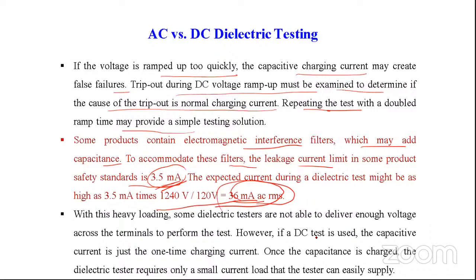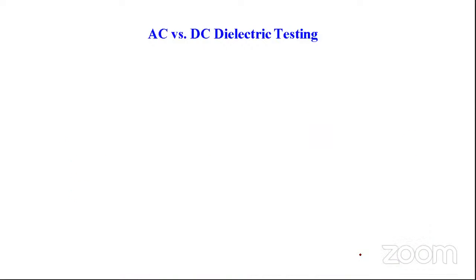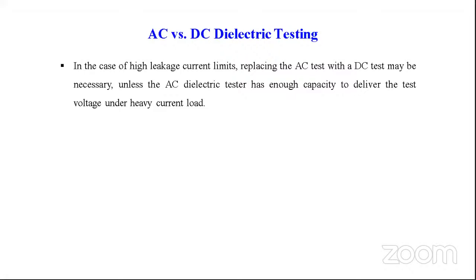However, if you use DC to supply the test voltage, the capacitive current is just a one-time charging current, and once the capacitor is charged, the dielectric tester requires only a small current load that it can easily supply. Okay, so this is the advantage of the DC compared to the AC.